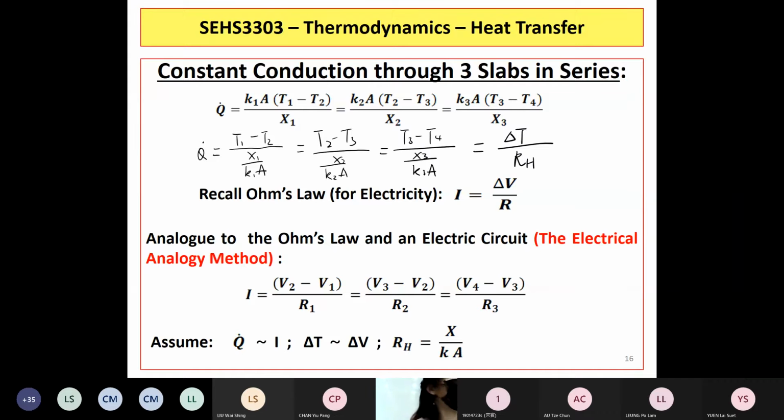This is the Ohm's law. 然后我们现在有的这个 equation 是非常像这个 Ohm's law 的。我们可以把它这样写一下，是什么呢？其实就是 the drop of temperature divided by these parameters. We can assume it is a thermal resistor.